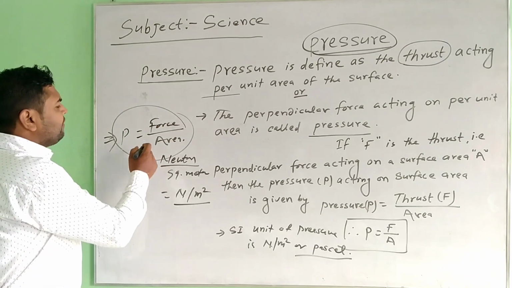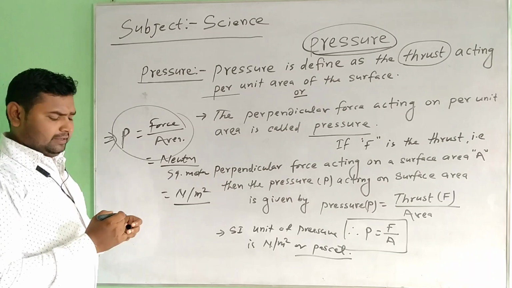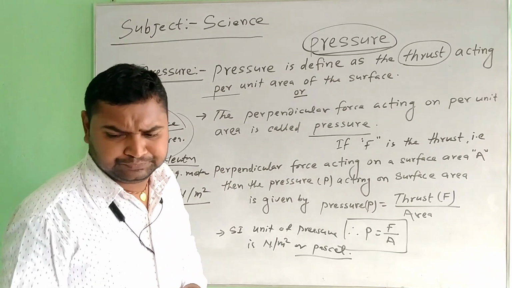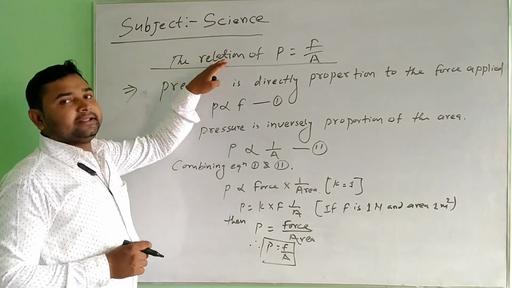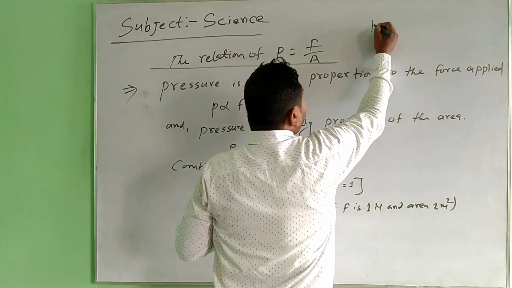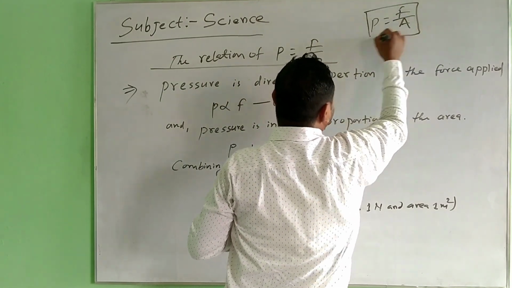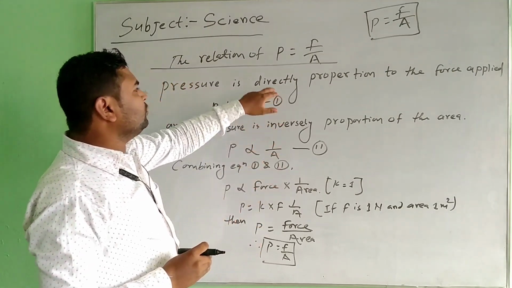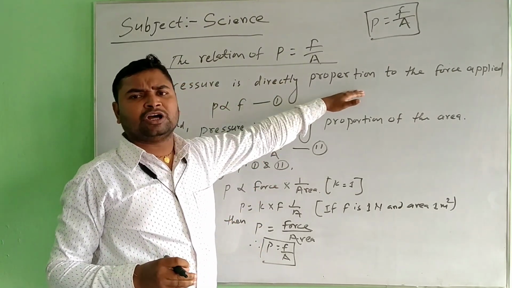Now, how can we derive P is equal to F by A? Now I will show you. Let's look at the derivation of P equals F by A. As you know, pressure is directly proportional to the force.